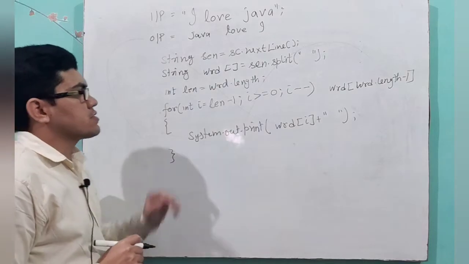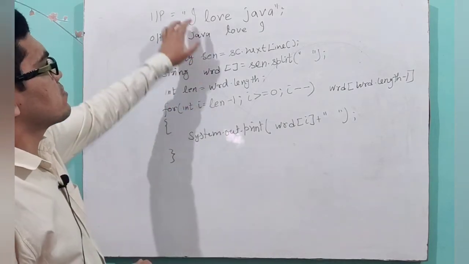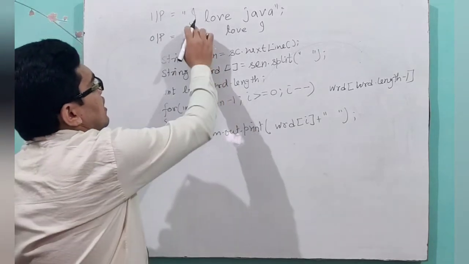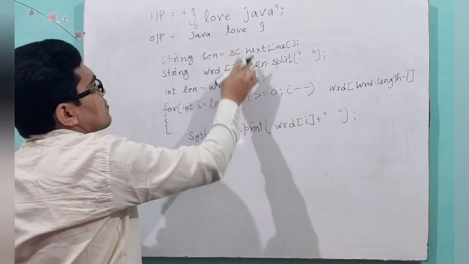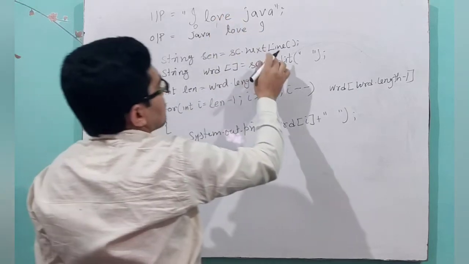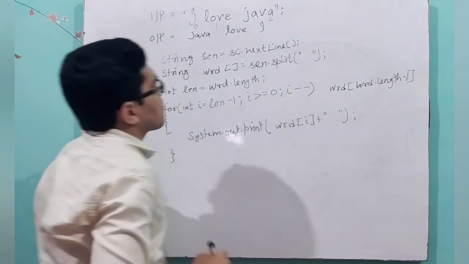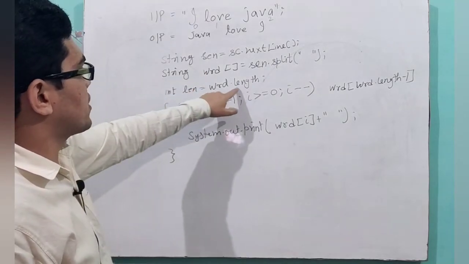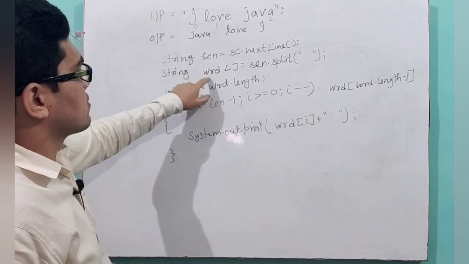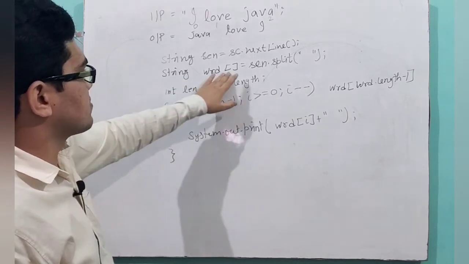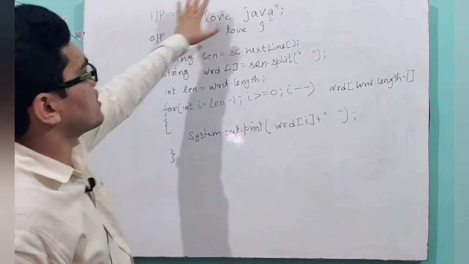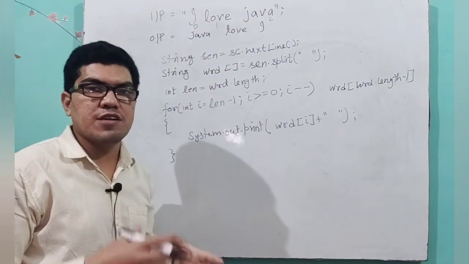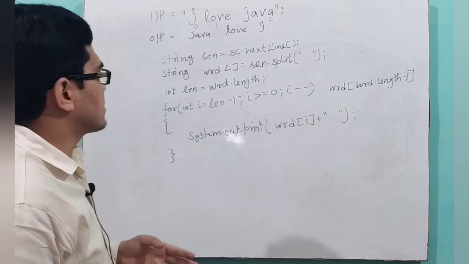Now understand this. So this is my sentence. In wrd, word 0 will be I, word 1 will be love, and word 2 will be Java. When we use the length property of the word array, it will give us the length, which is 3 in this case. Whatever sentence we put, it will take according to that sentence.